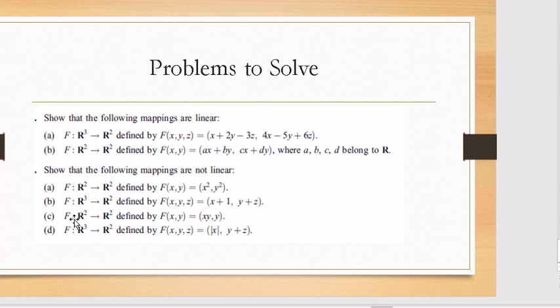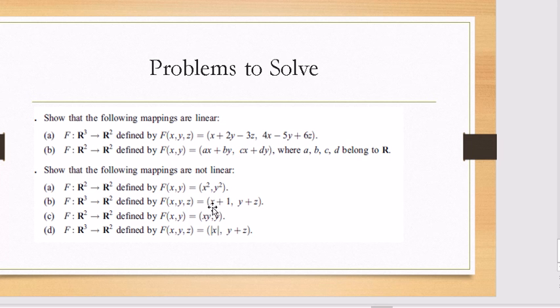But the easiest way to check whether a given map is linear or not is this: if the function doesn't map the 0 vector to the 0 vector, then it is not a linear map. For example, here take the vector (0, 0, 0). What is the image of f of (0, 0, 0)?